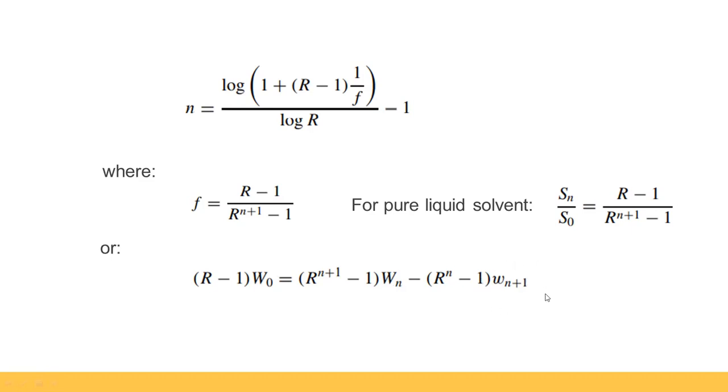This is your pure solvent. So if you find that you cannot solve for N using this formula, you can solve it using this formula. Okay? Most of the time, this particular set of formulas will work for a constant underflow leaching problem.